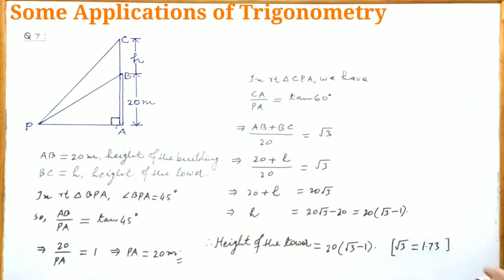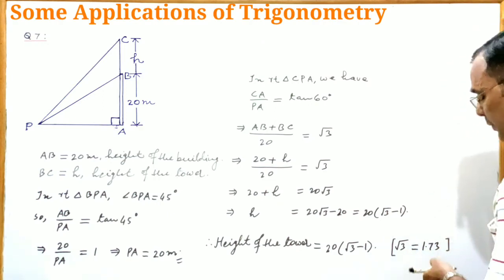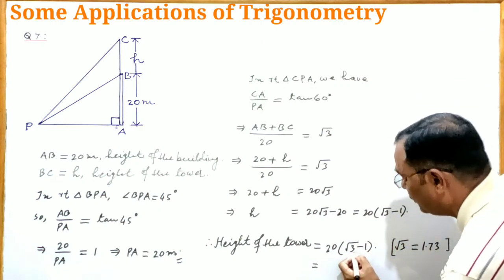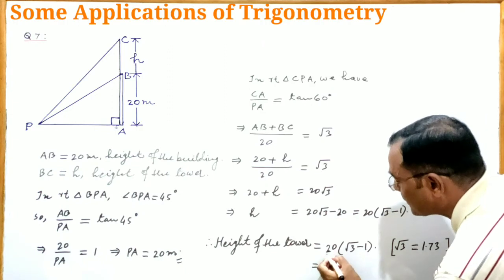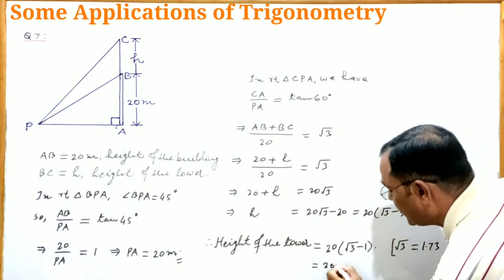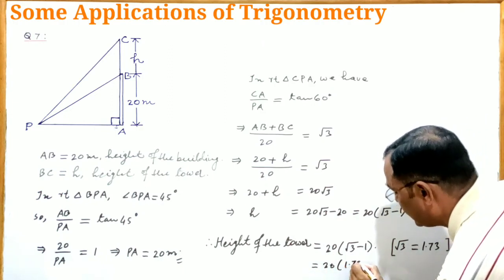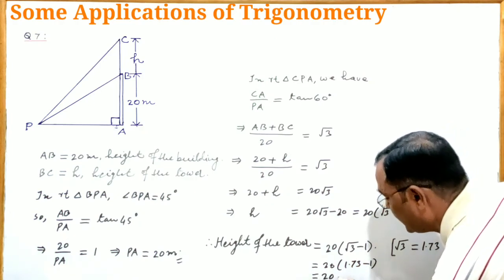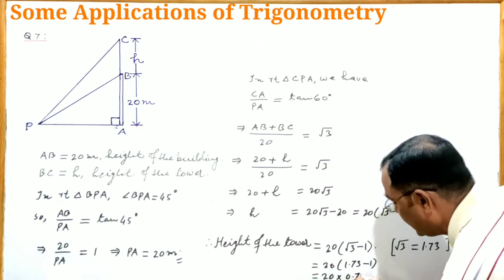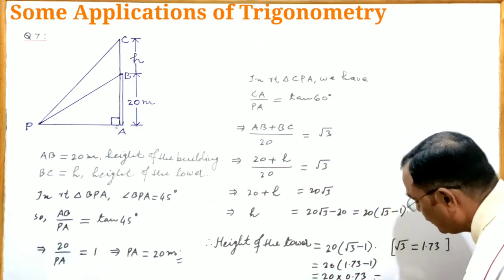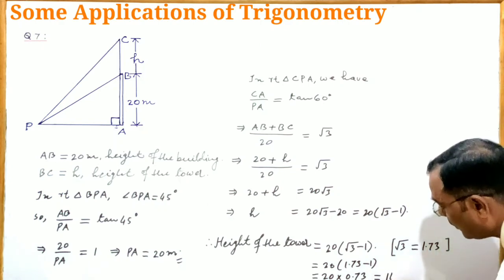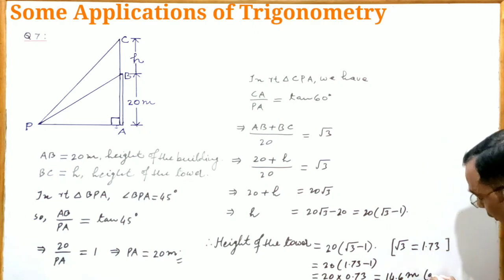Sometimes in the question value of root 3 is given, and this is given equal to 1.73, approximate value of root 3 up to 2 places of decimal. When you put this value in place of root 3, you will get 20 into 1.73 minus 1, which is equal to 20 into 0.73, 14.6 meter approx.